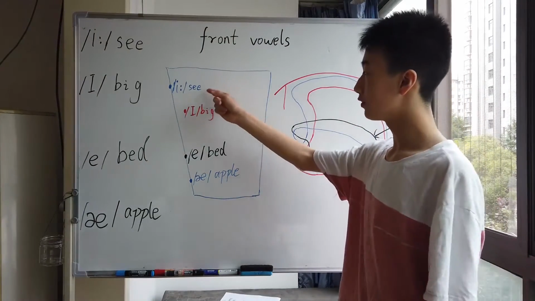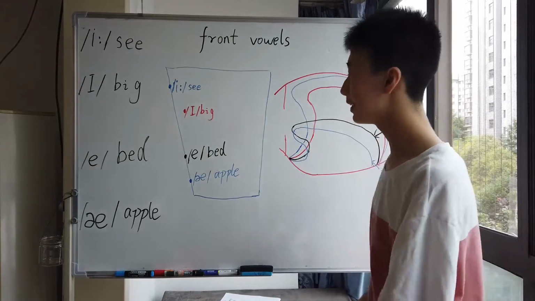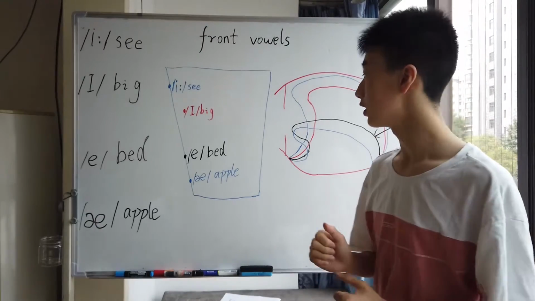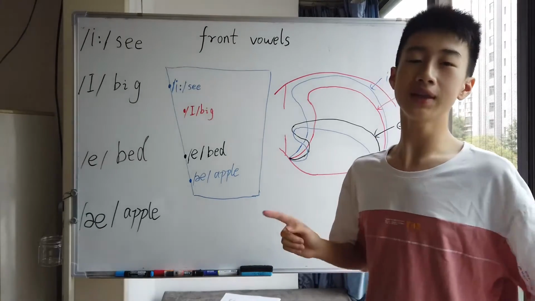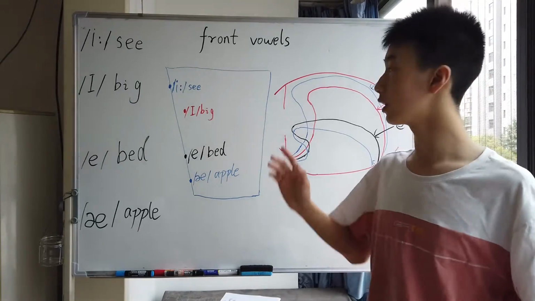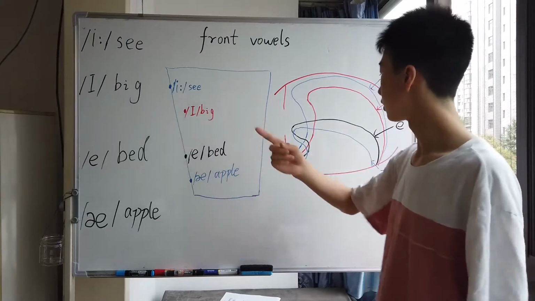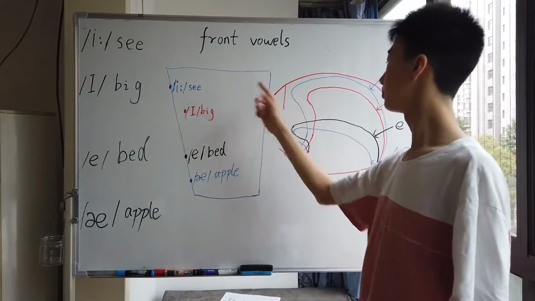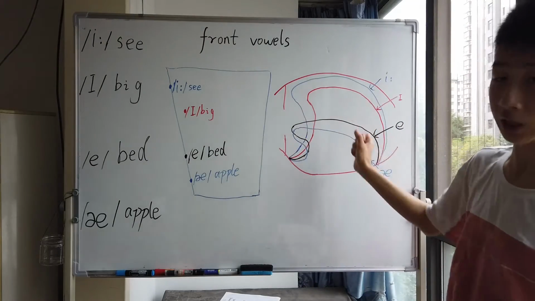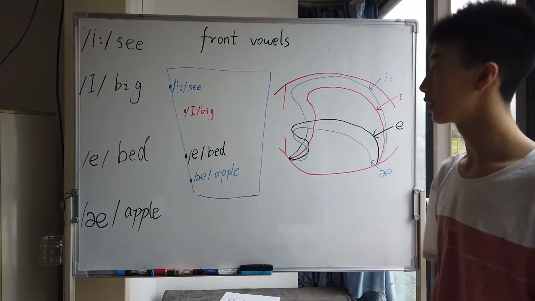Okay, we have the first vowel, E. Now, how to pronounce this one is a bit difficult, just like the rest. One thing to know about all vowels is that they are all voiced sounds. So first, E: you can see our tongue position is really high, almost touching the palate, but not actually touching it.